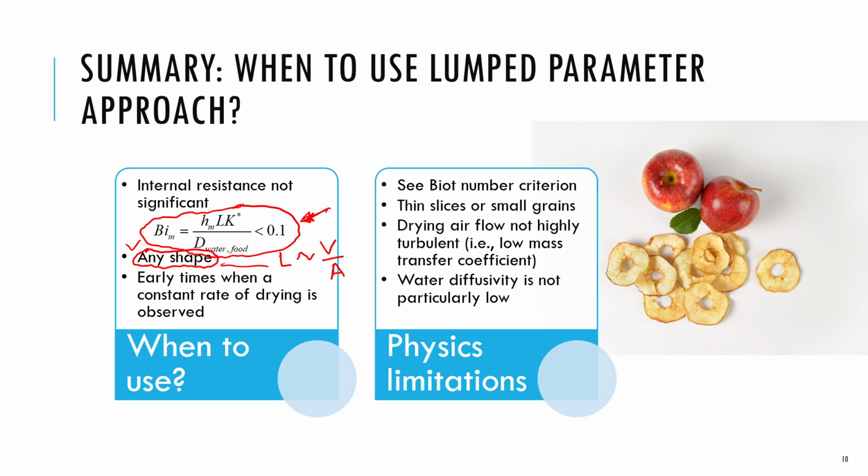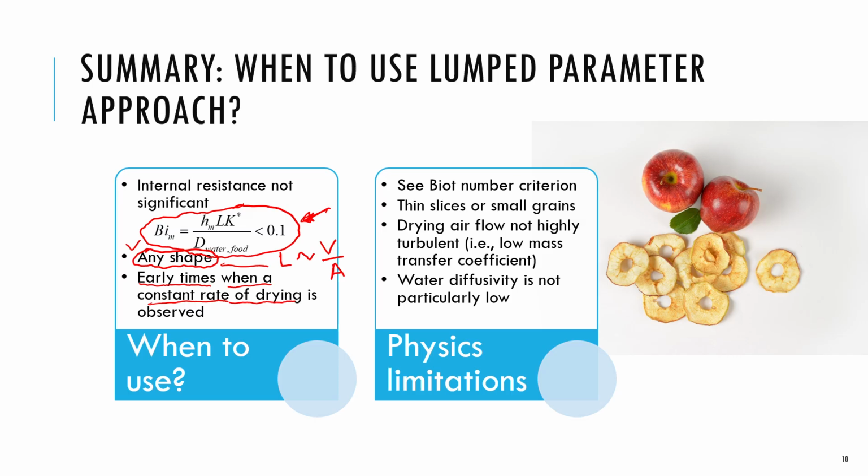Also, in this list of when we can use it, typically at early times, when we derive this constant rate of drying, it's good for this lumped parameter description of physics because there's lots of water, the diffusivities are higher inside, and the vapor pressure is more than likely to be constant on the surface.